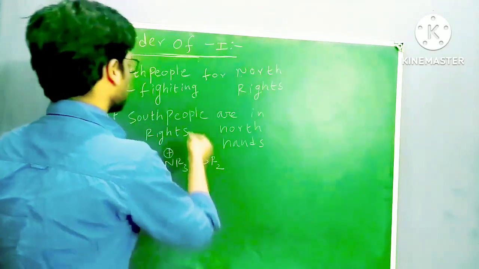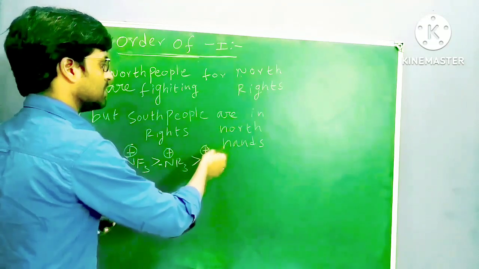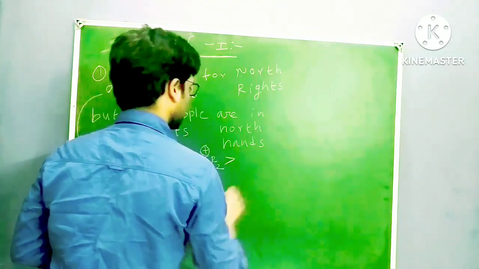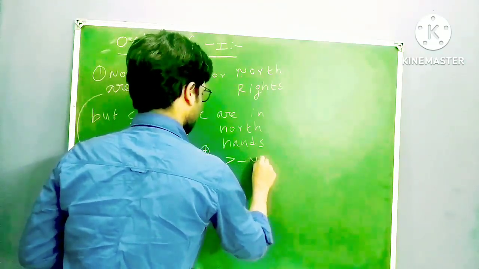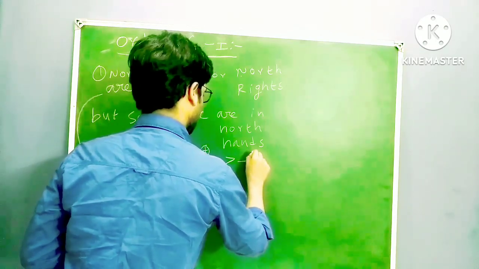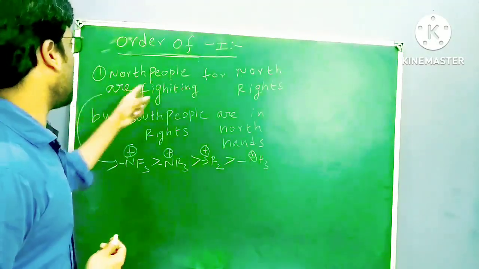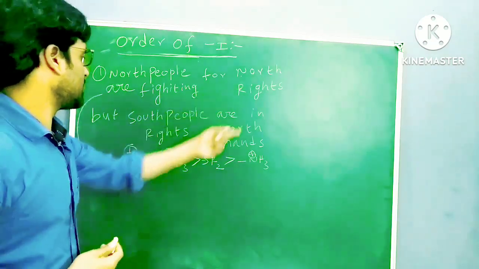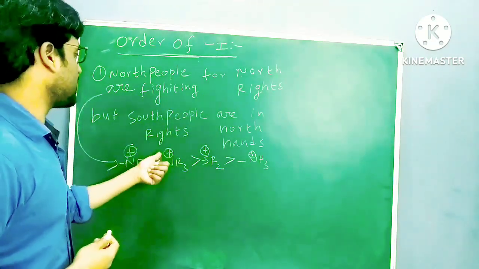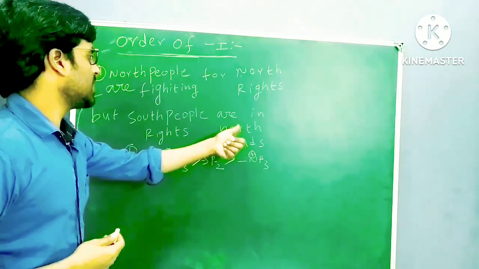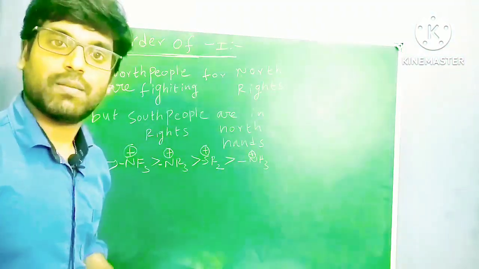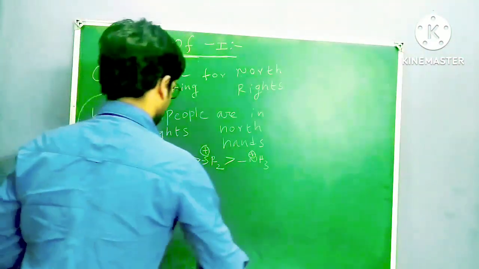South people rights are in north hands, that is NH3 plus. So this is the order, right? North people are fighting NF3, north rights NR3, south people rights SR2, north hands, that is NH3 plus. This is the first trick.